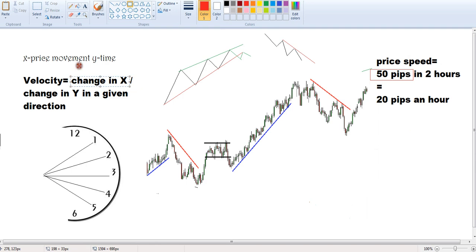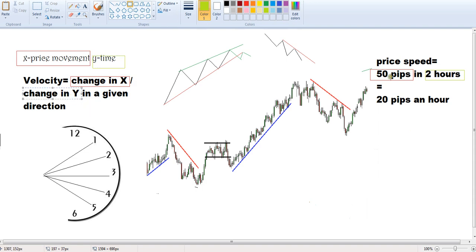Change in x, where x equals price movement, over, which is also a word for divide, the change in time. The change in time is 2 hours, which is represented right here and right here.